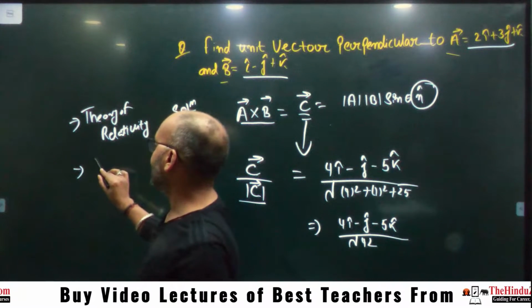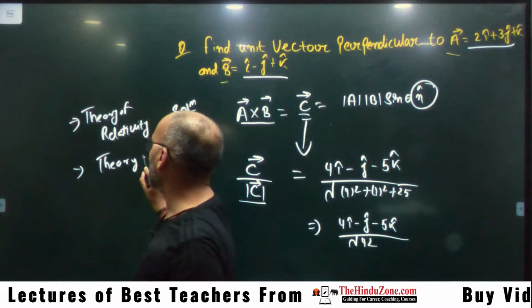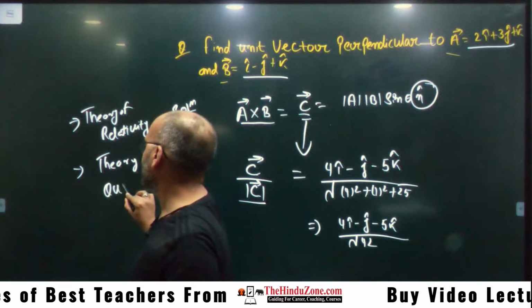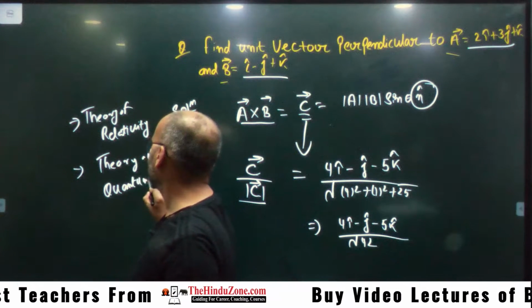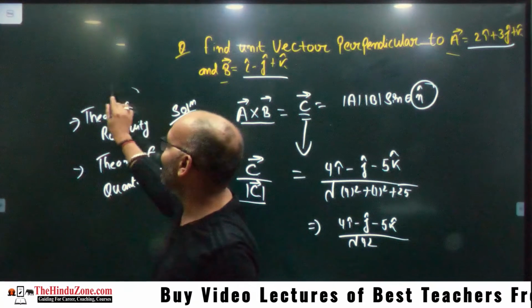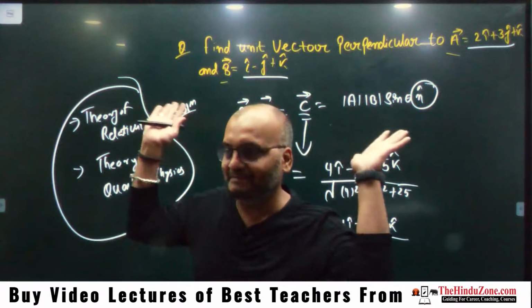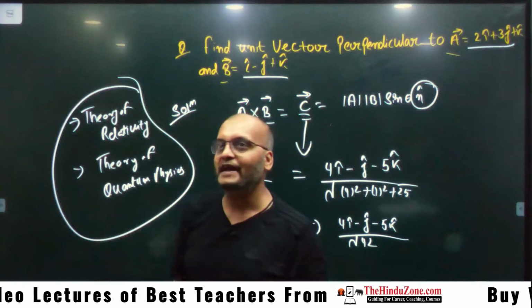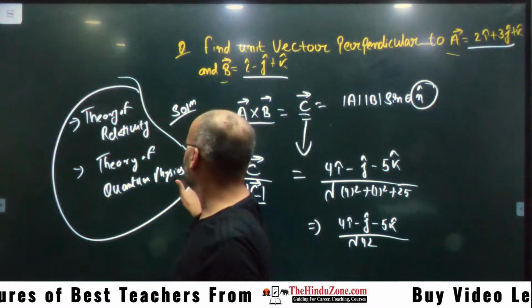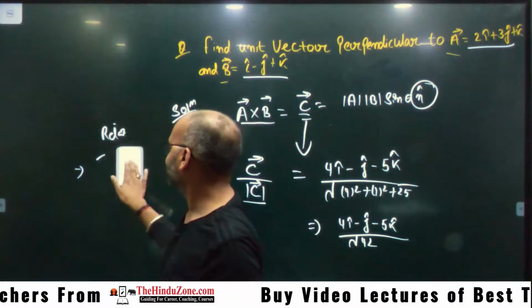Theory of relativity and then the theory of quantum physics. Read this. This is more than MSc level. How to tell you these things? But you should try it on your own, and you will be amazed.